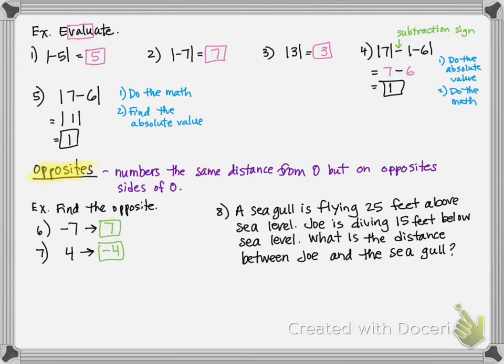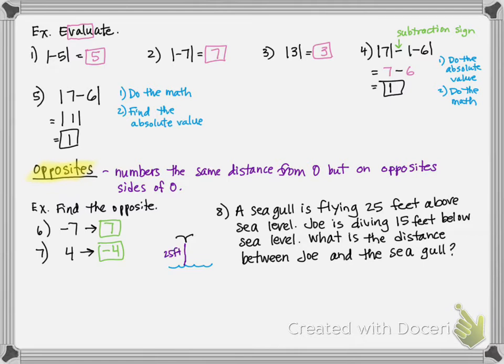So in a problem like this, I like to draw a picture. So we've got sea level. So there's your sea level. We've got a seagull, and that seagull is 25 feet above sea level. Okay, so there's 25 feet.